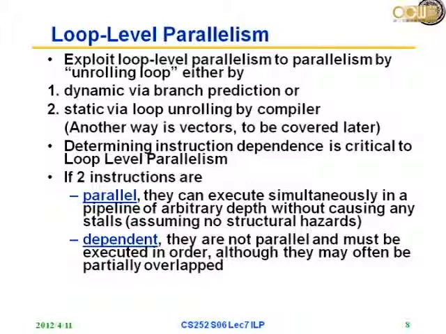This means no data dependence, no structural dependence, and of course no control dependence. If they are dependent, they are not parallel and must be executed in order, although they may often be partially overlapped. So pipelining falls within this category.